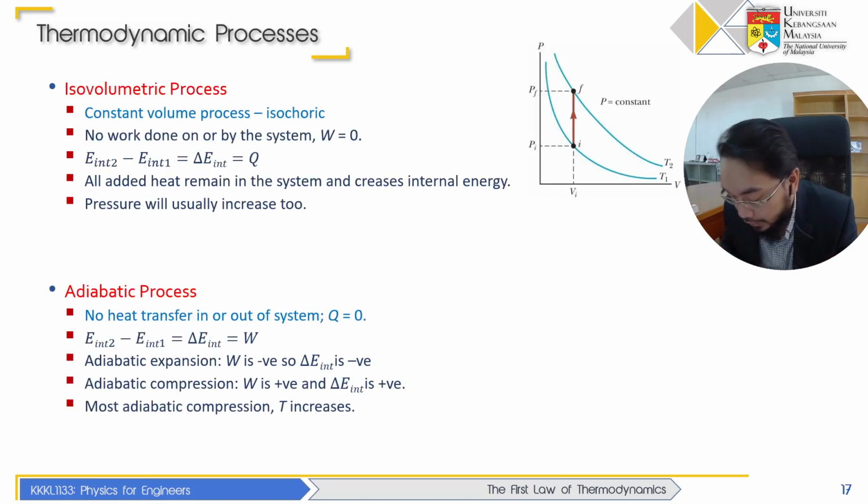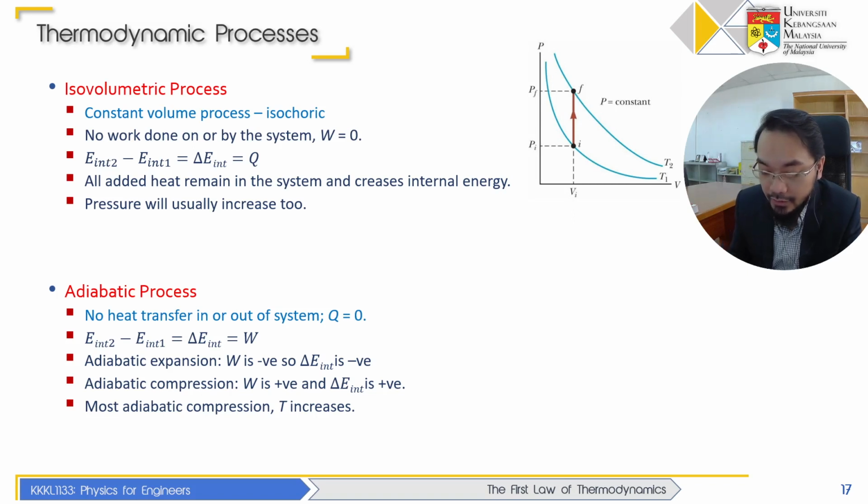So let's look at them one by one to understand how each process obeys the first law of thermodynamics. The first one, the isovolumetric process, is a constant volume process. Sometimes it is also called isochoric.